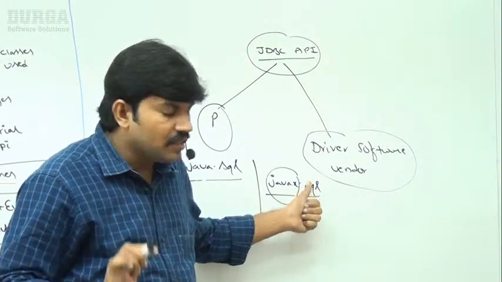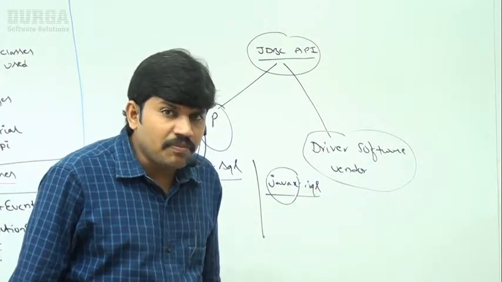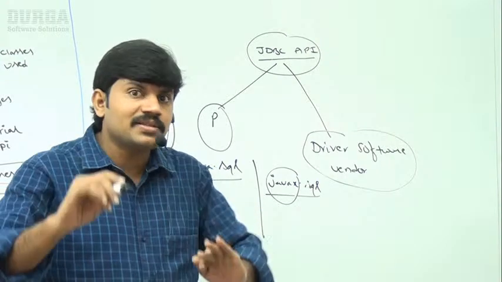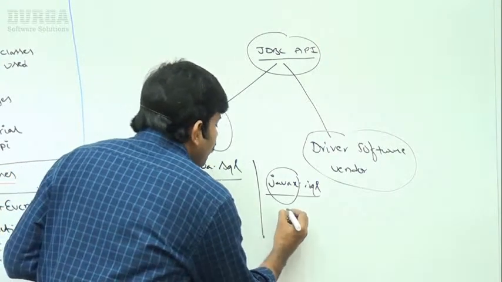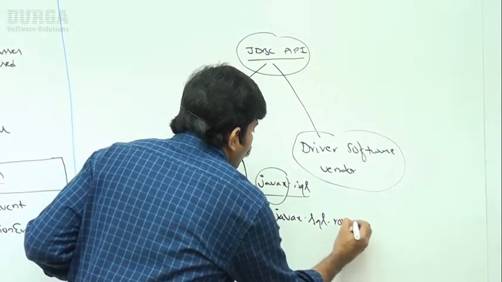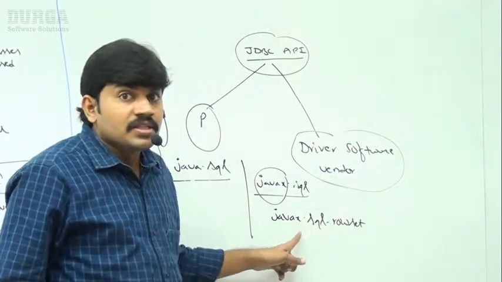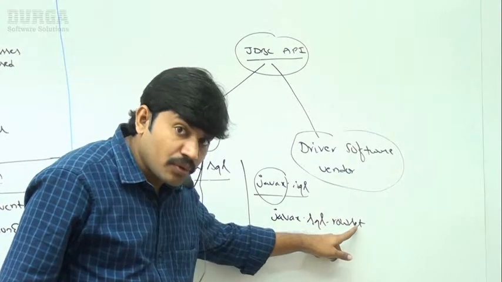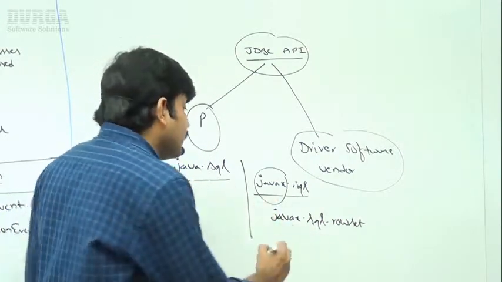Even in the javax.sql package, there are several sub packages available. javax.sql.rowset. Rowset is one sub package, right?